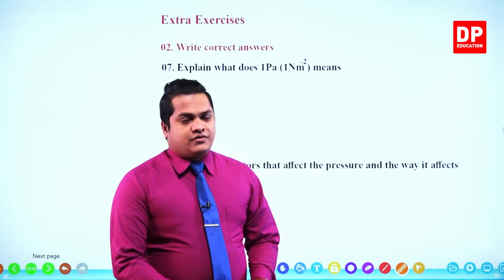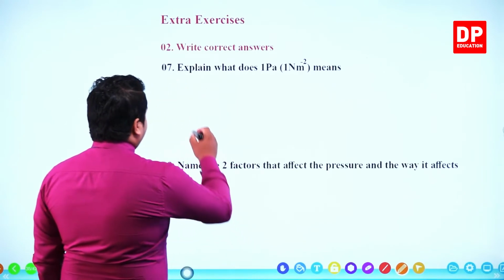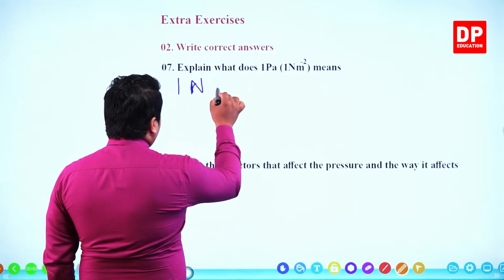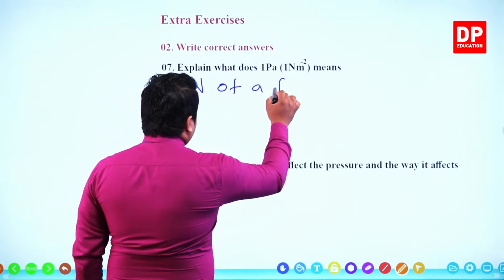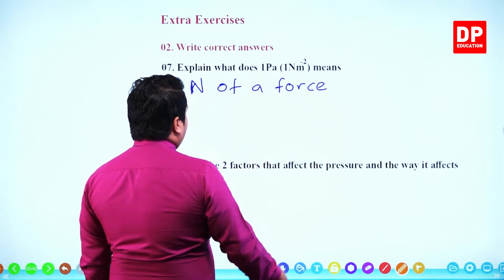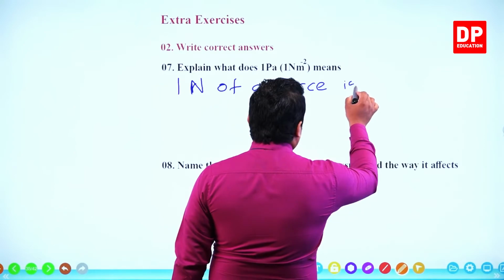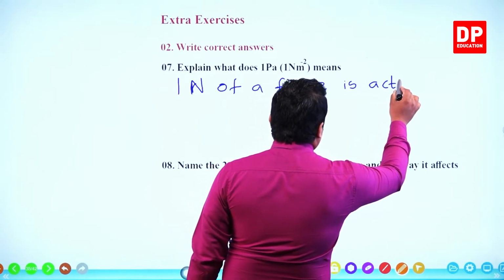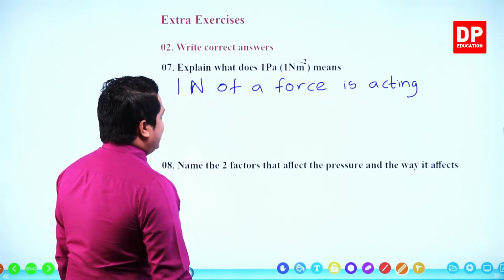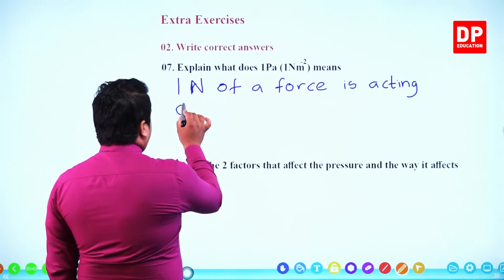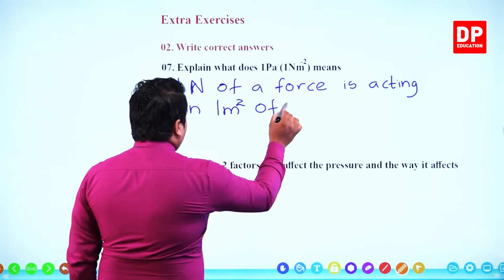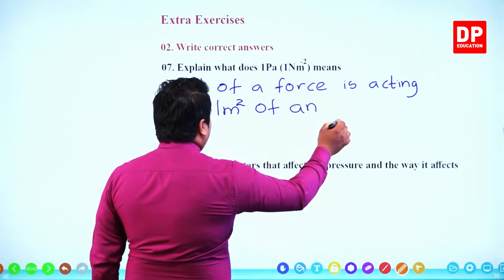Okay, so we can write the answer: 1 Newton of a force is acting on 1 square meter of an area.